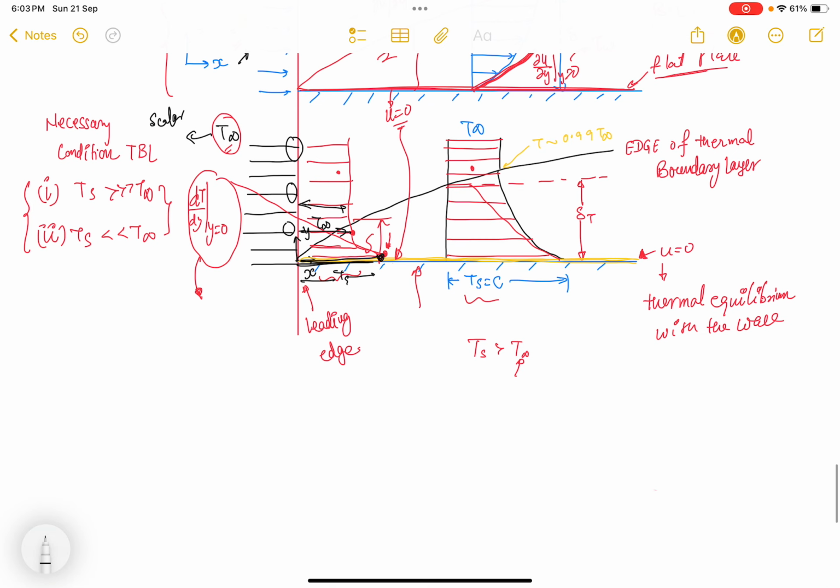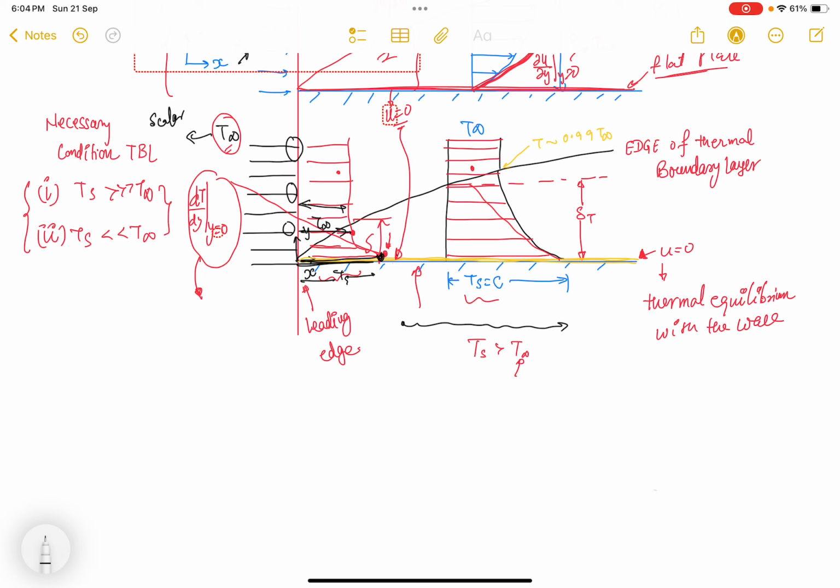So when the fluid is near the leading edge, only the fluid which is very near the wall will have the same temperature as that of the wall, and because of that, temperature gradients within the fluid will be very high, and these temperature gradients will become lower and lower as the fluid flows from the leading edge to the trailing edge, that is the back of the plate, right?